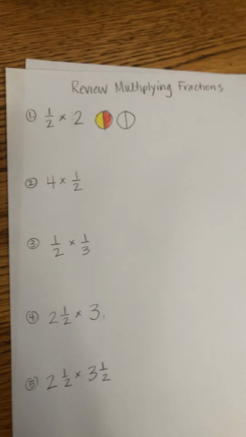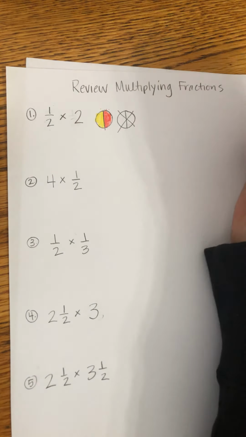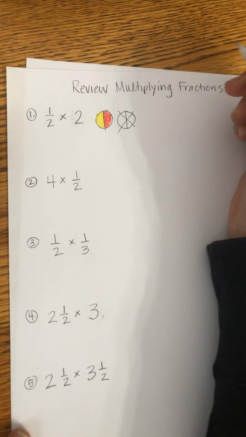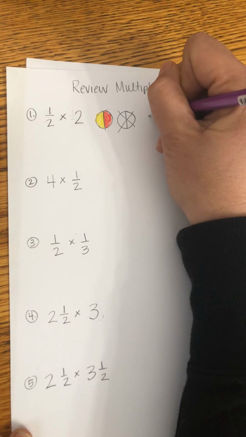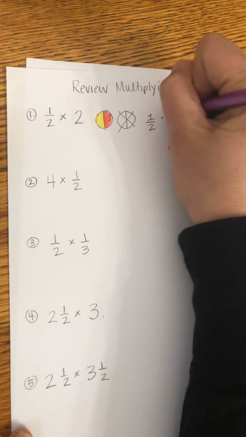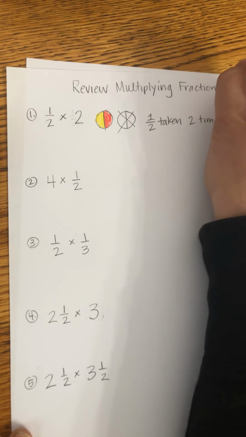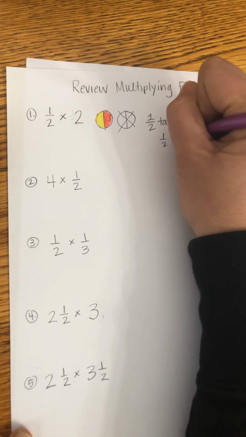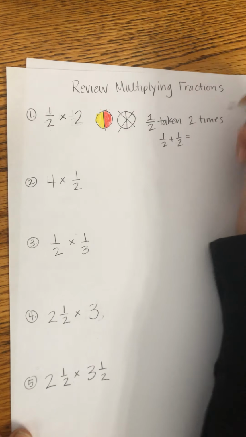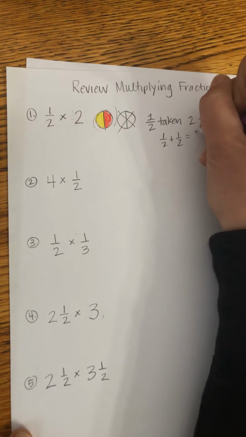I actually don't even need this whole over here, but I draw it just to make sure. So this is 1/2 taken 2 times. Another way of saying that is 1/2 plus 1/2 equals 1 whole.